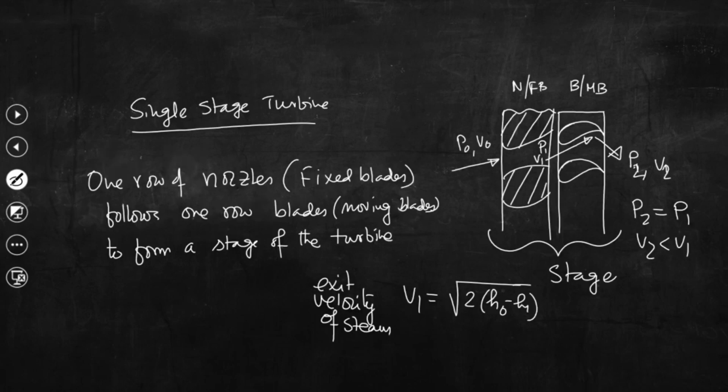So, that means if you would like to have the total enthalpy drop in a single stage turbine, the speed at which the blades in the first row, because it is a single stage turbine, will be having excessively high velocity.